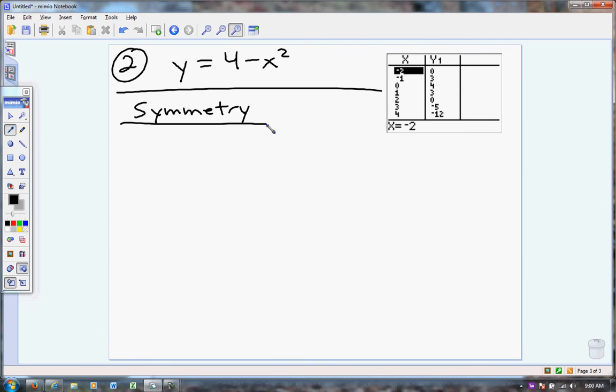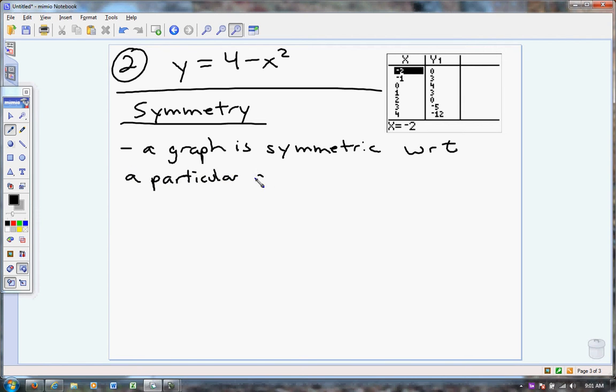Let's talk about this idea about symmetry. There's a couple different kinds of symmetry, but essentially we like to say a graph is symmetric with respect to, that's what that WRT means, with respect to, let's just say a particular axis, if it lays on top of itself when folded.